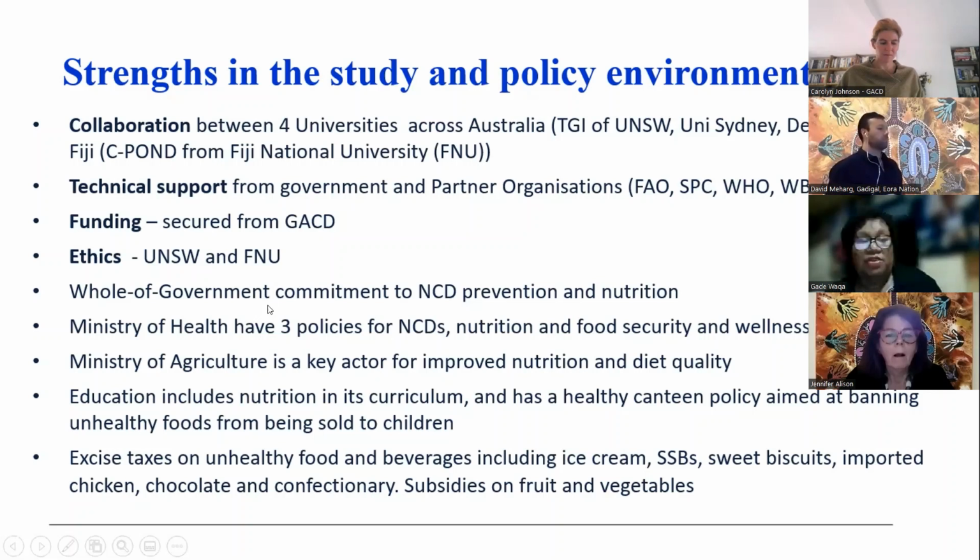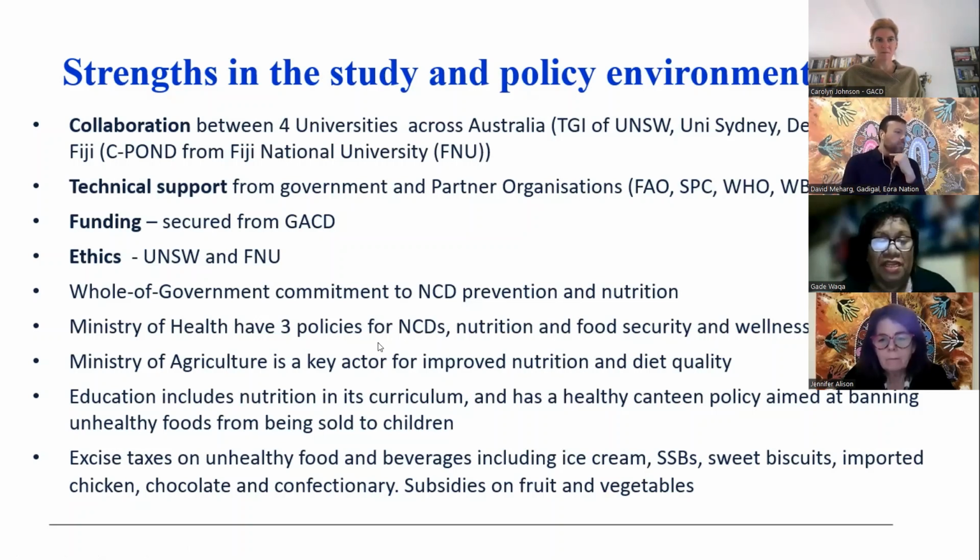Of course we use a whole of government approach and commitment to NCD prevention and nutrition. Looking at some of the work that has already been done, the Ministry of Health has three policies for NCDs, nutrition and food security, and wellness. The Ministry of Agriculture is a key actor for improved nutrition and diet quality.